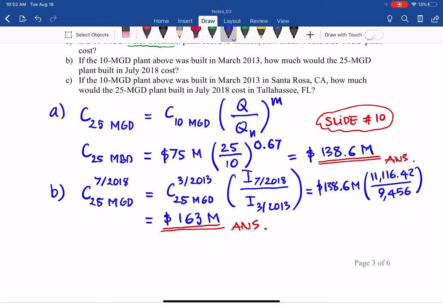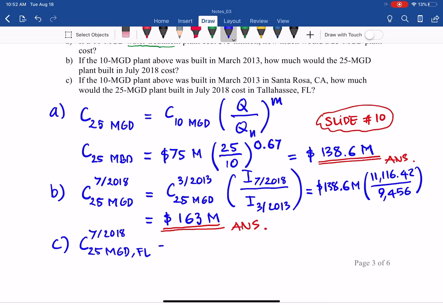Let's do that here for C. We want to find the cost of the 25 million gallon per day plant built in Tallahassee, Florida, in July 2018.